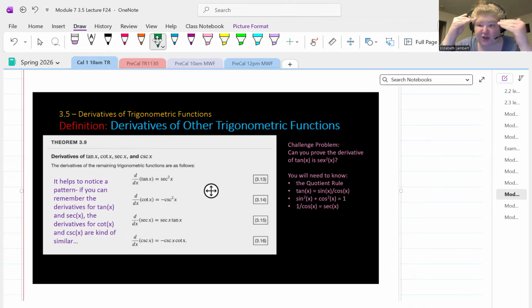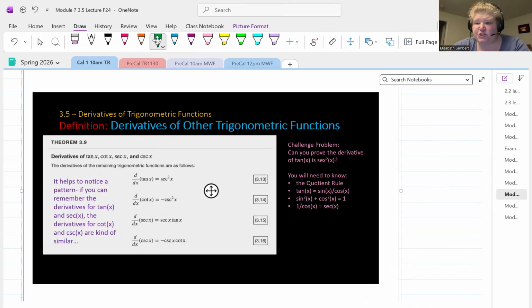We're still going to have stuff left over on top. So tangent is sine over cosine. Secant is 1 over cosine. So the derivative of secant is sine over cosine squared. We still got that cosine squared pattern, but the top only had a single thing. So that's why we end up with this weird compound derivative.